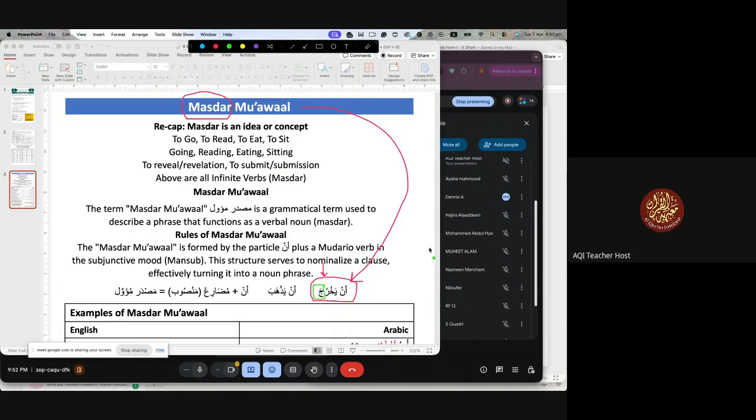Okay, good. The masdar muawwal is acting as a noun that just has an idea. Okay, so is this a difference or a similarity? I would say it's a similarity, because masdar muawwal is an idea, and masdar is also an idea. So what is the difference then?